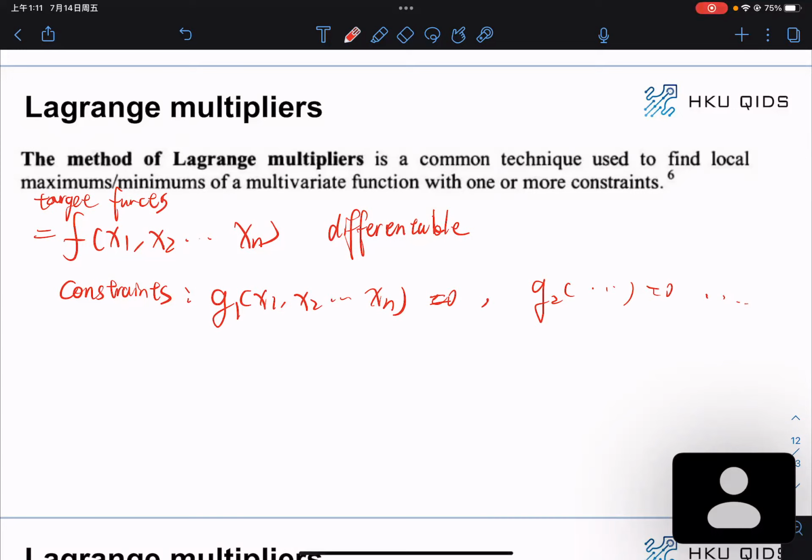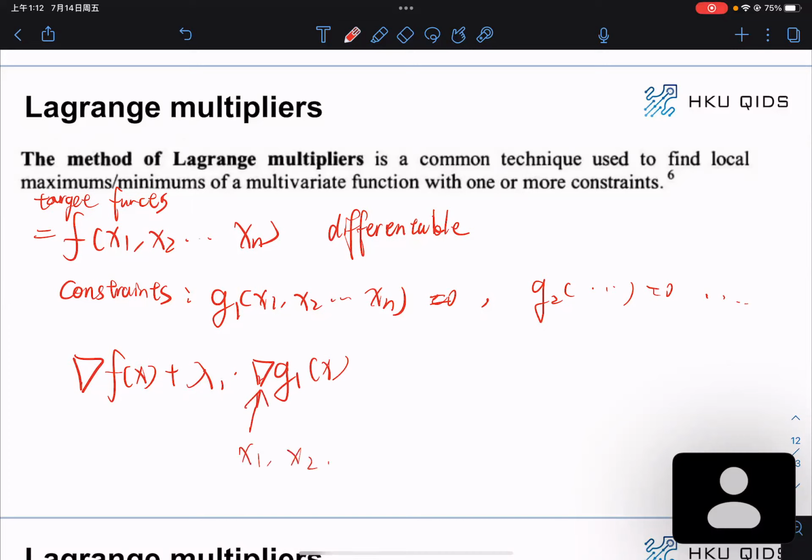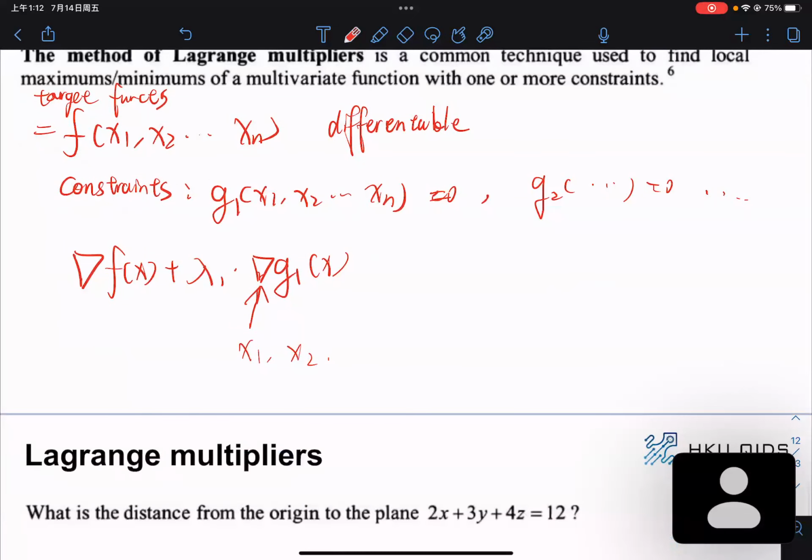And the Lagrange multiplier is that we take f(x) plus lambda 1 multiplied by the gradient of g1(x). The gradient is actually the partial derivative with respect to x1, x2 for each variable, okay? And this goes all the way to lambda n multiplied by the gradient of the nth constraint, and we set it to be 0.